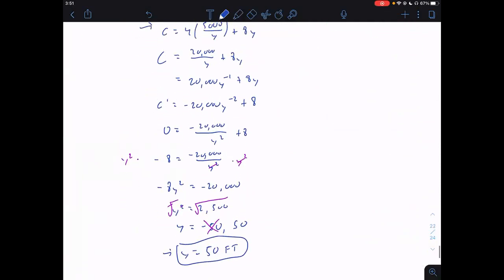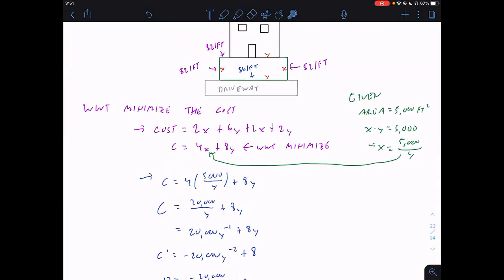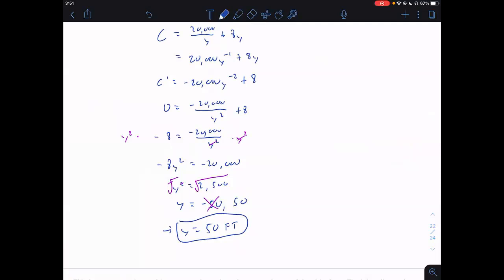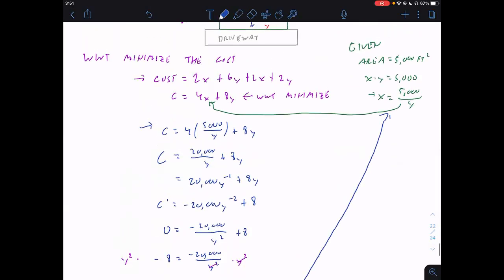So now that we know the side of the top and bottom, we're going to figure out the side on the left and the right. How do we do that? By taking what we just found and plugging it into the equation we have on top that is solved for x.